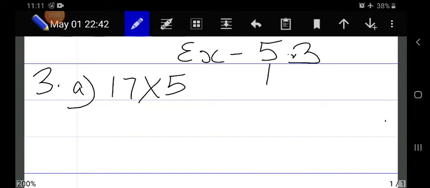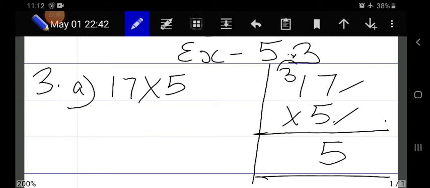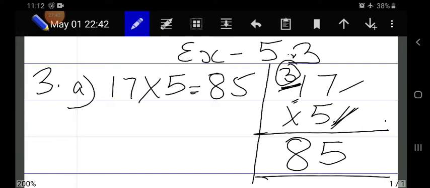I am going to solve it here. 17 multiplied by 5. 5 sevens are 35. 5 will be here, 3 will be carried forward to the next number. 5 ones are 5 plus 3, that is 8, so 85. Okay, so this is the solution of A part, 17 multiplied by 5, that is 85.